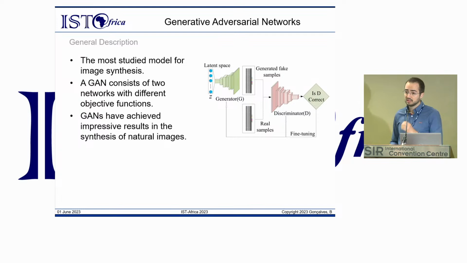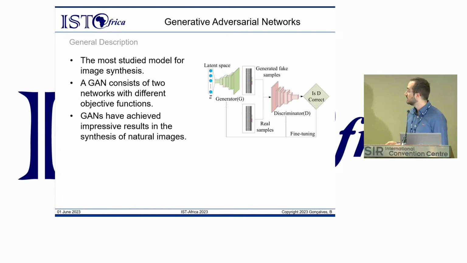At this point, it's important to understand what a GAN is. GAN stands for Generative Adversarial Network and consists of two different networks. One is the discriminator network, which has the objective of differentiating between a real image and a fake image.